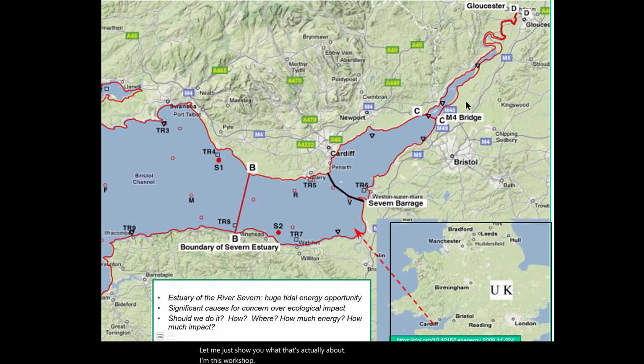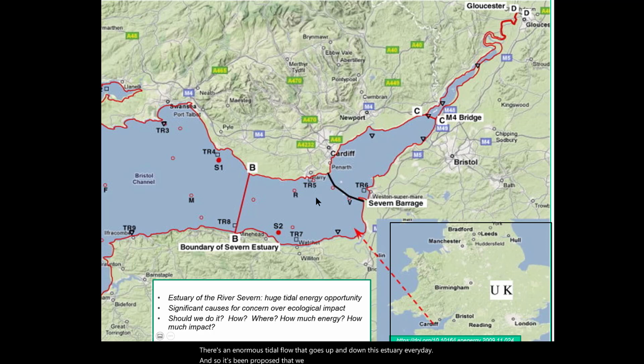This workshop is virtually located in Bristol. Bristol is next to the Severn estuary, this river, and because the oceans around us are very tidal, there's an enormous tidal flow that goes up and down this estuary every day.